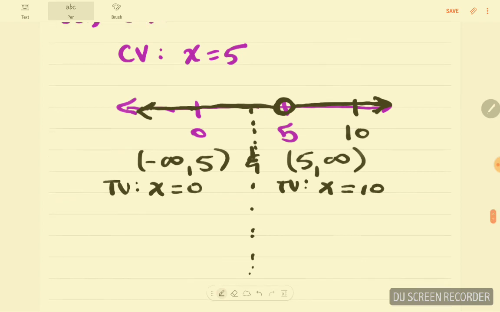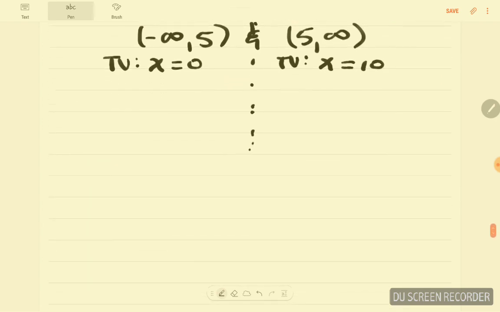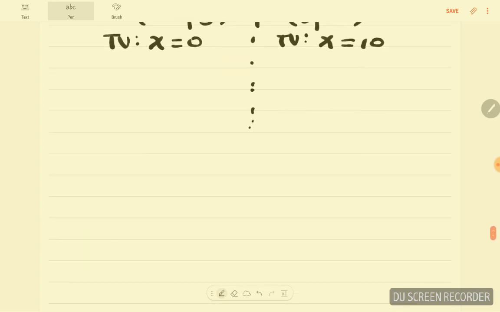Now I have to use my original inequality to see if I get a true statement using each of those x values. So my original inequality was x plus 3 over x minus 5 less than or equal to 1.